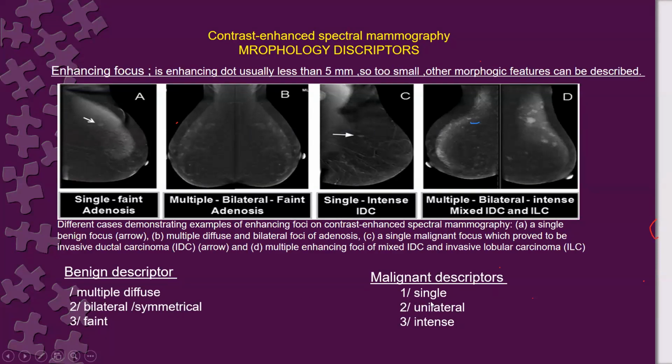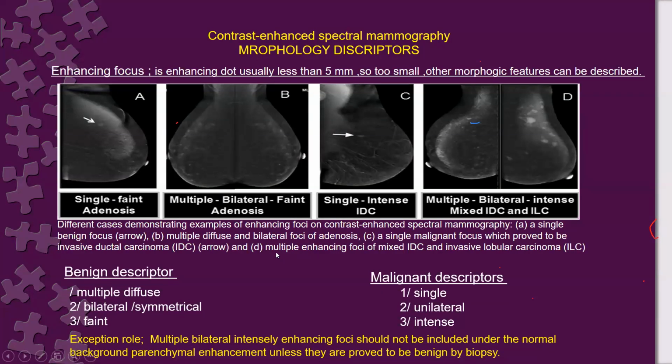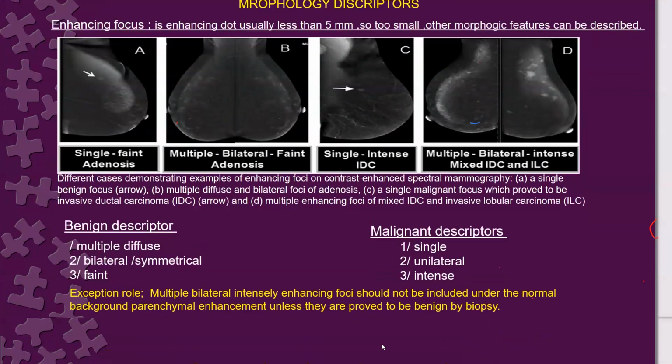But if it is single, intense, unilateral, or asymmetric, then this is a malignant descriptor, or at least suspicious. There are exceptions: multiple bilateral intensely enhancing foci should not be considered normal background parenchymal enhancement or hormonal changes unless proven by biopsy.